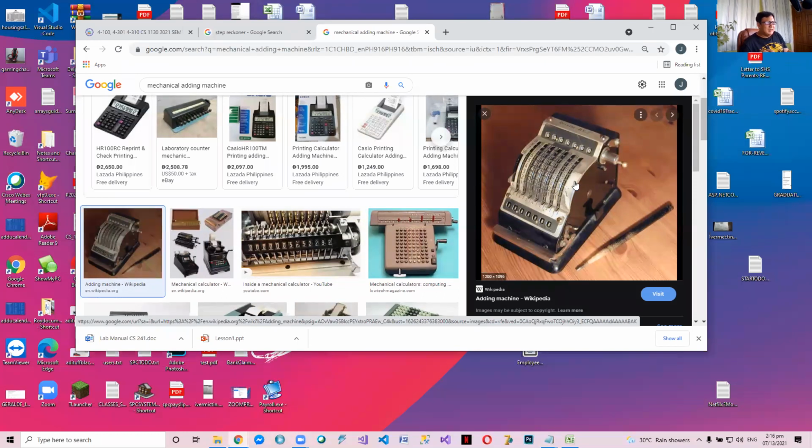It's an upgrade of a step reckoner. Meron siyang crank, but instead of using wheels, it now uses a keyboard. Do you follow? Meron ka ng keyboard where you can type numbers and then you crank so that you get the result. So meron ka ng ganito. It's like an odometer in a gasoline station.